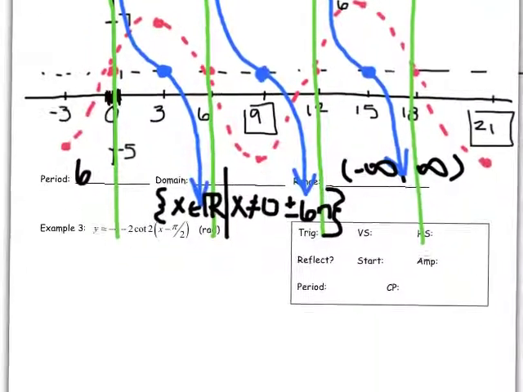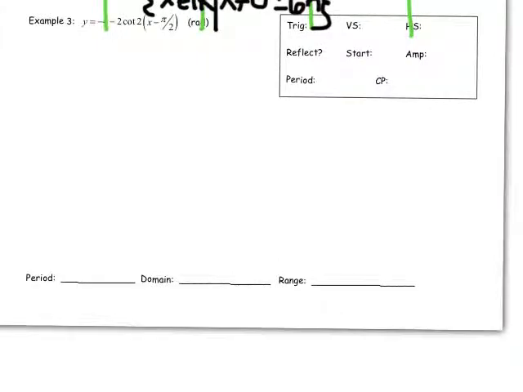All right, let's do the last example. So -4 minus 2 cotangent x minus pi over 2. So we have cotangent, which is cosine over sine. So that means we're going to be graphing sine.